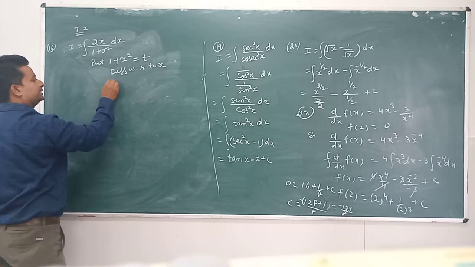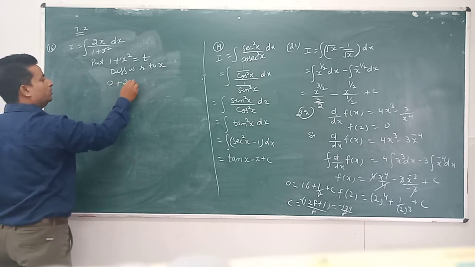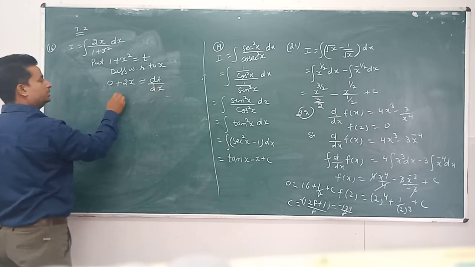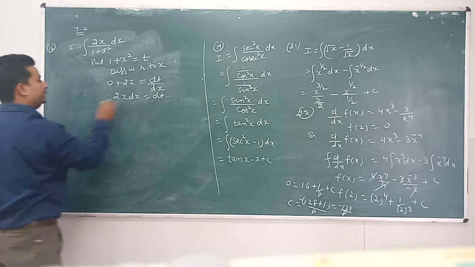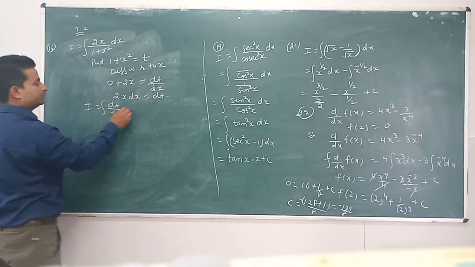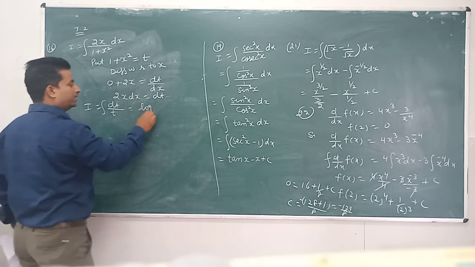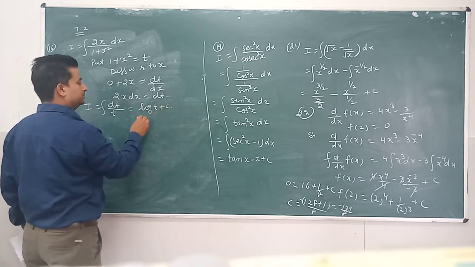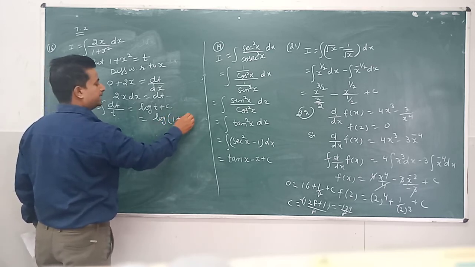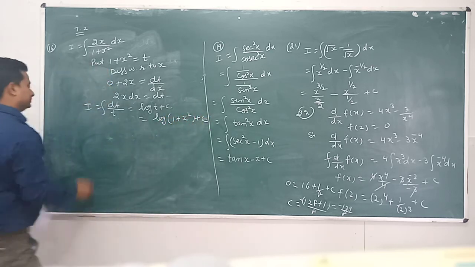When we differentiate, the derivative of 1 is 0 and of x square is 2x, so dt by dx. So this is equal to dt. Integration is dt upon t. As we know, the integration of 1 by t is log t. So its answer is log (1 plus x square) plus c.